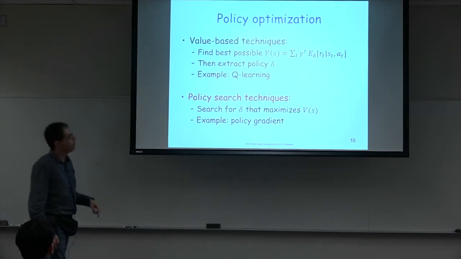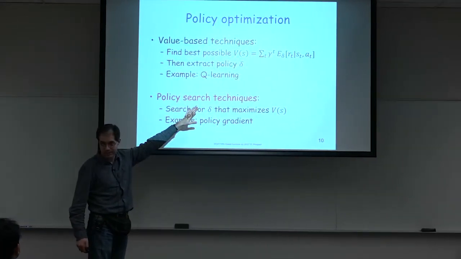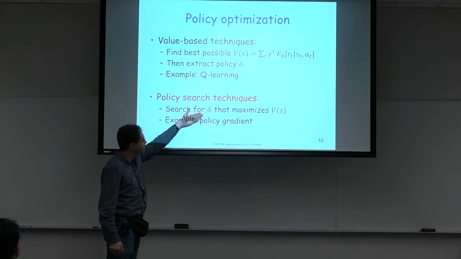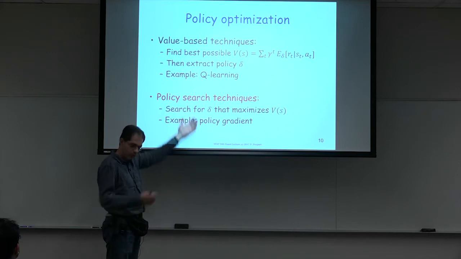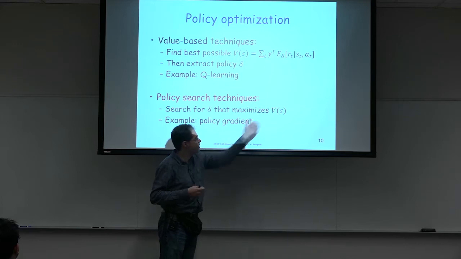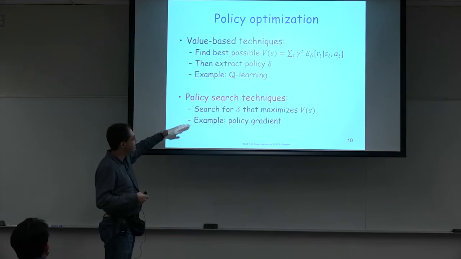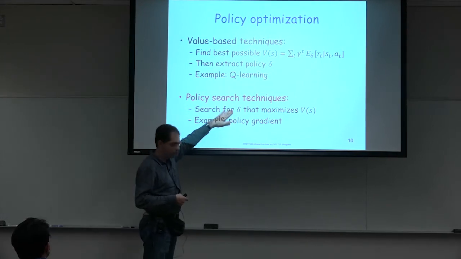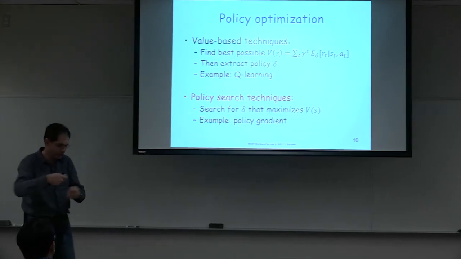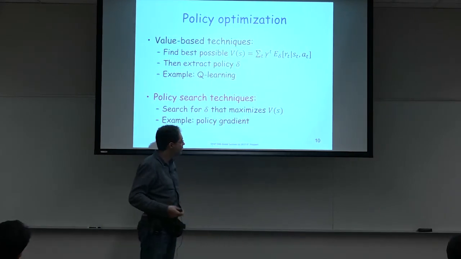Now for this lecture, I'm going to talk about another set of techniques that are known as policy search techniques. So in their case, what they do is that we search directly in the space of policies for a representation of the policy that would directly maximize the value function. So I guess the difference is that in policy search techniques, we work directly with a representation of the policy, and then we try to adjust this definition of the policy until we obtain a policy that gives us high rewards.